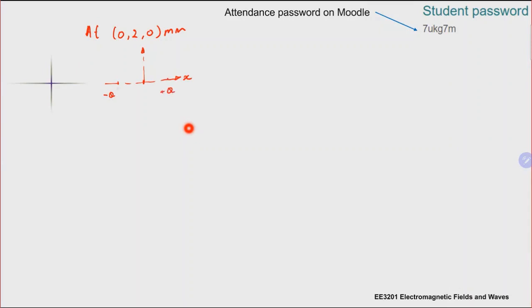And the vector position, this is at -1, this is 1. And we're interested to look at the electric field at the point 0, 2, 0, which means that at the y-axis equals to 2, and x and z is equals to 0.